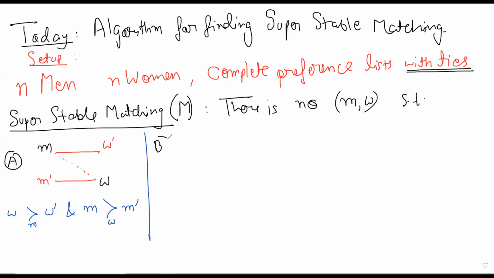And what we also don't want, I can just put it here. So just the setup, there is no M comma W such that this happens, or if one of them benefits and the other doesn't lose anything, which can be written as: for M, he is indifferent between W prime and W, and for W, there is a benefit.